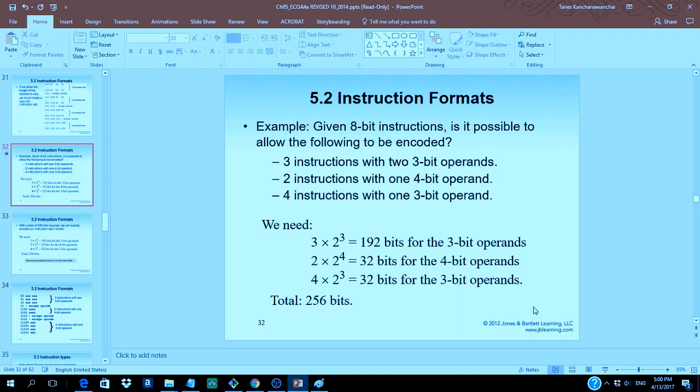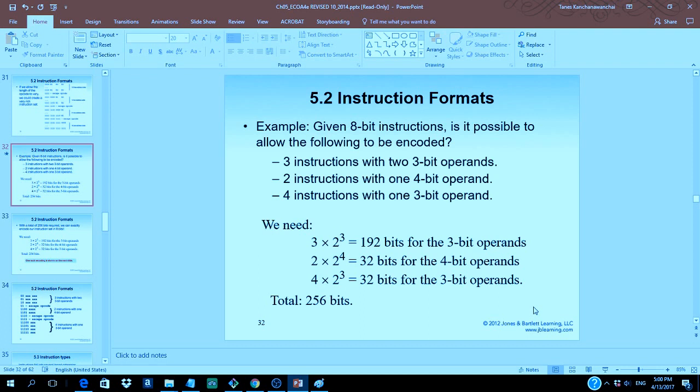So 111. Can you see it? Is it better now? So one 3-bit operand, four instructions. It should look like this. 0 is one instruction, right? And then 01, then 1110 and 11111.